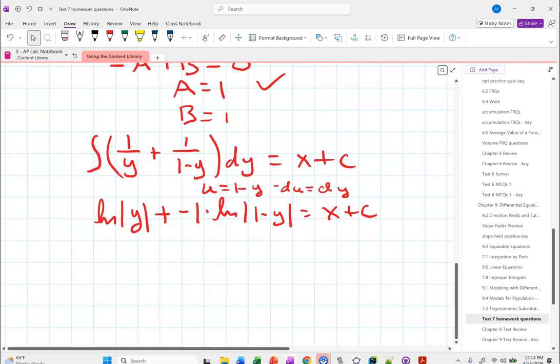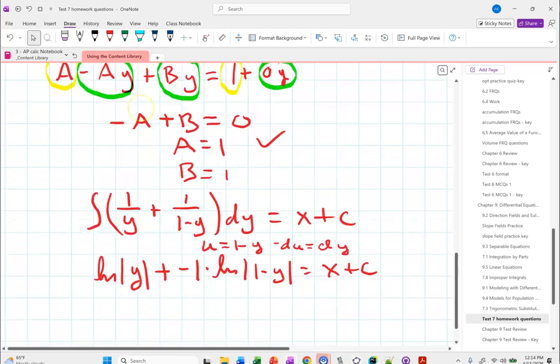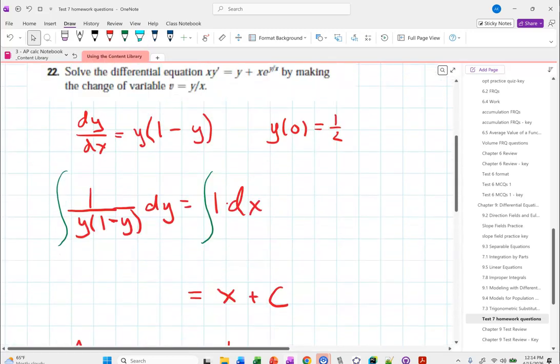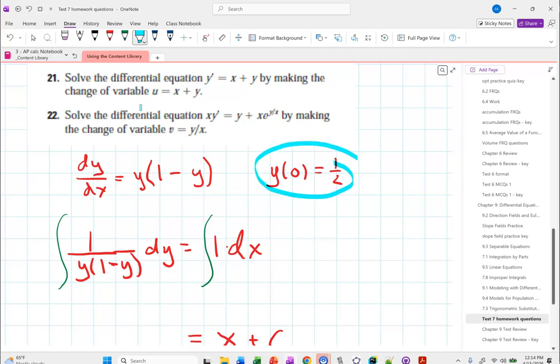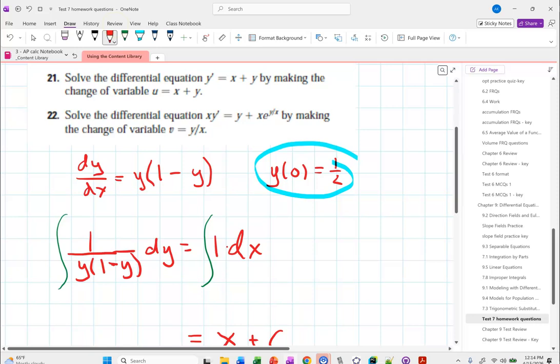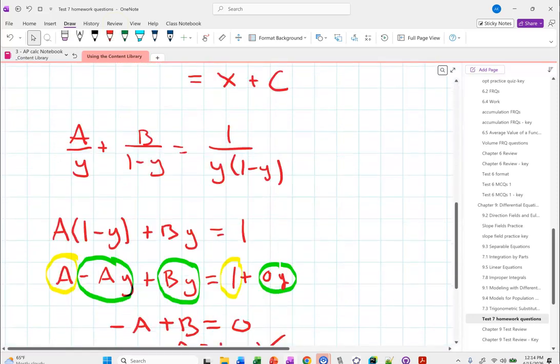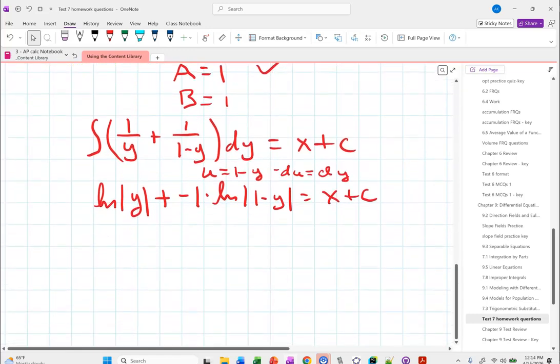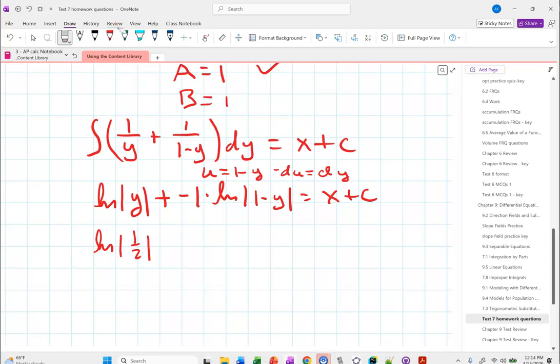At this point, we have enough information to solve for C. Remember, we're told that y of 0 is equal to 1/2. So when x is 0, y is 1/2. That's what that's saying. So I can go and plug that in. Just write minus.